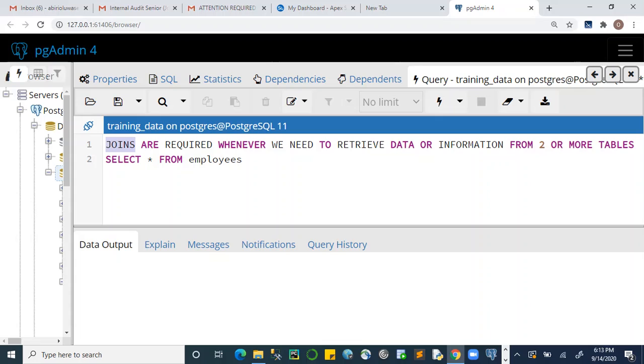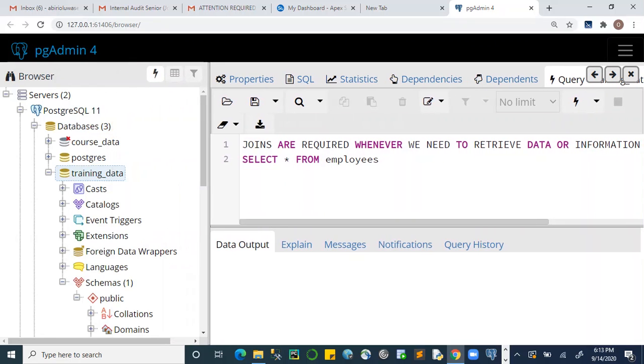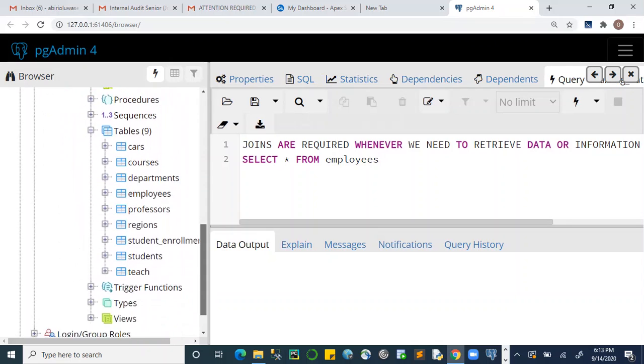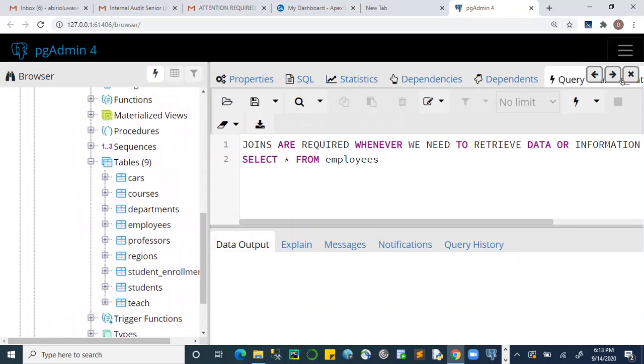All we've been doing is to say select star from employees. What if we have more than one table in a database? And of course, we have more than one table. I will show you that. You see, in this database there are other tables: we have the departments table, the employees table, and the regions table.